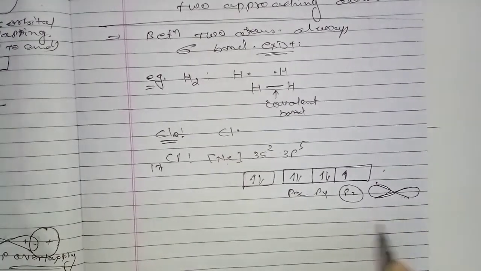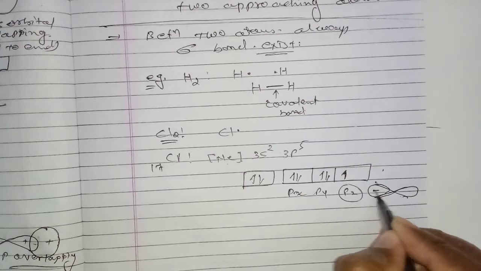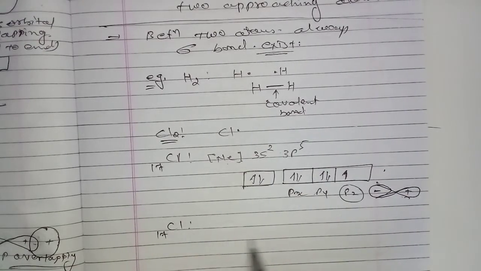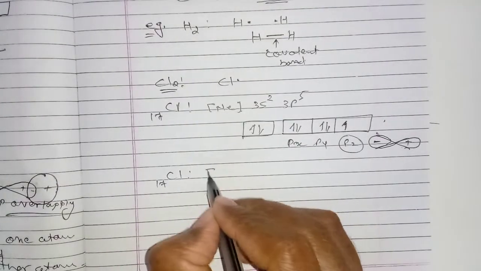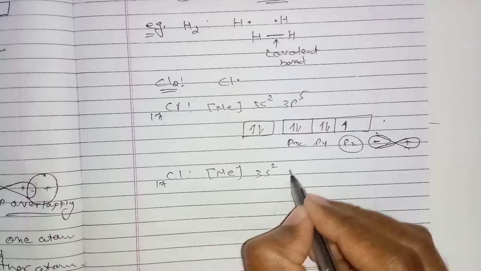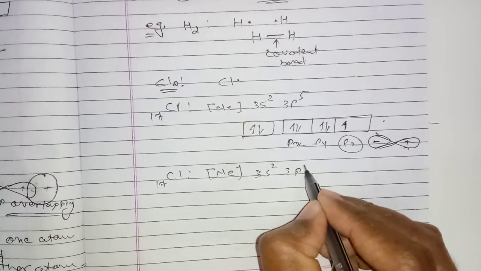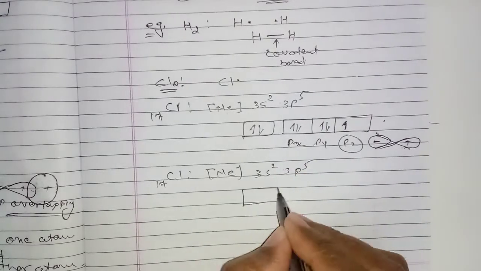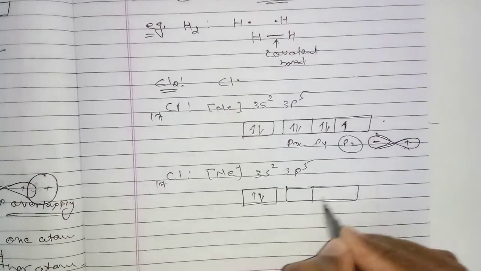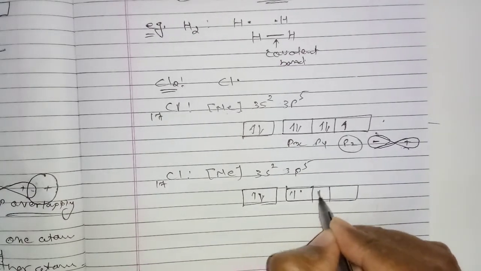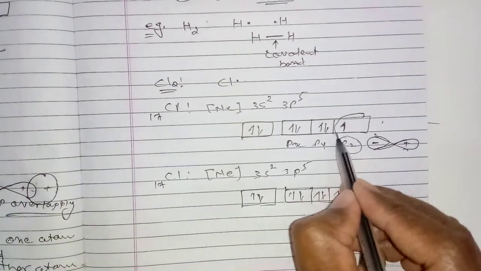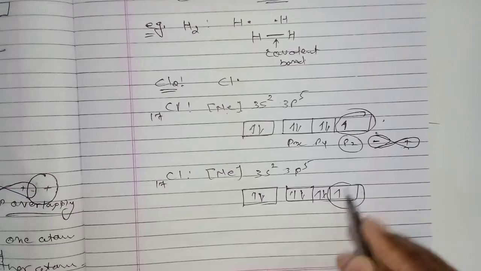Okay, and the other chlorine atom also has electronic configuration neon 3s2 3p5.